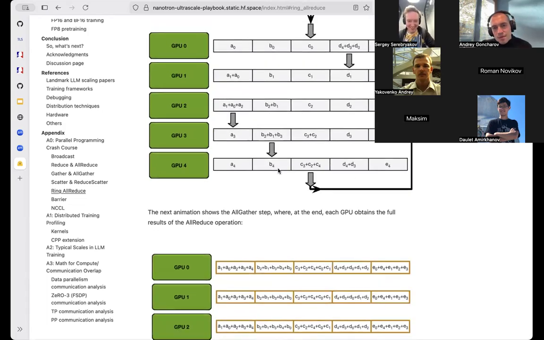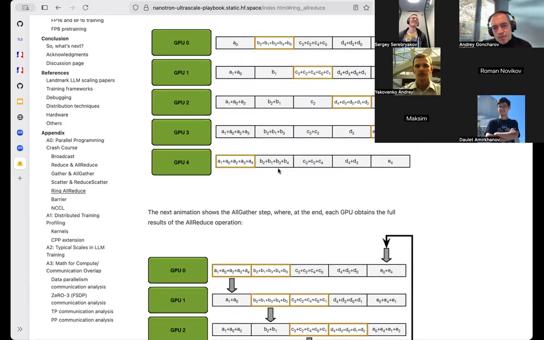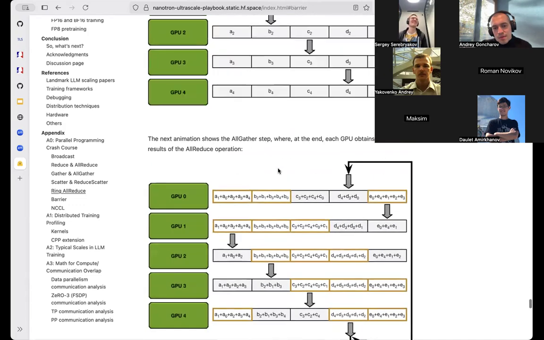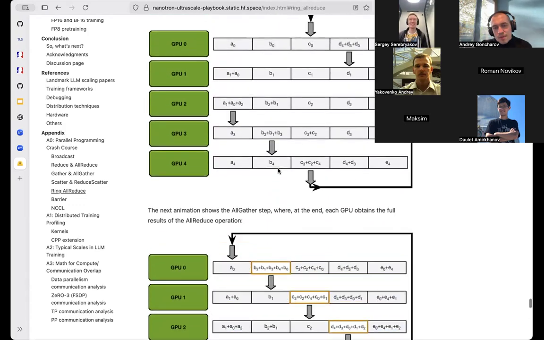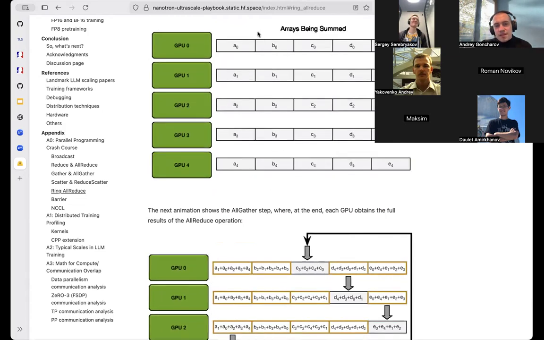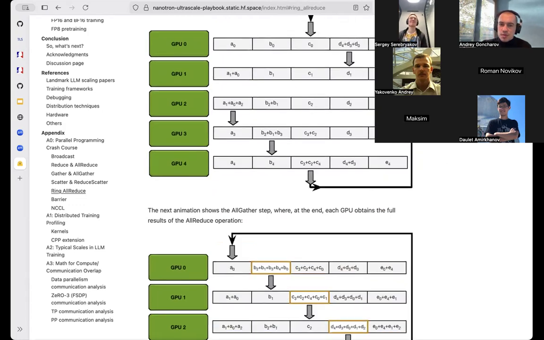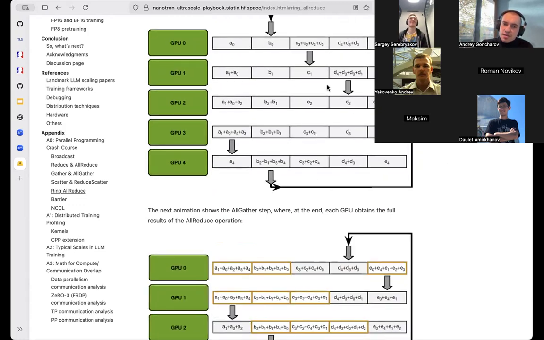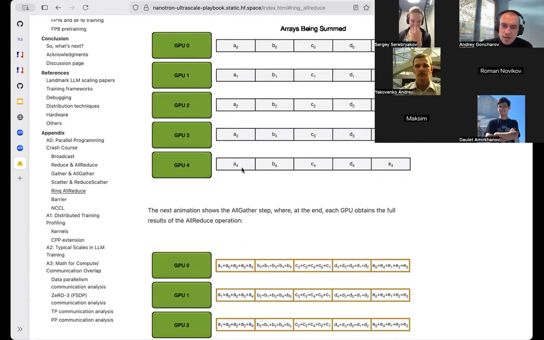Oh, okay, so they get the diagonal stuff. Right here, when they send it one by one, they get the diagonal stuff, right?